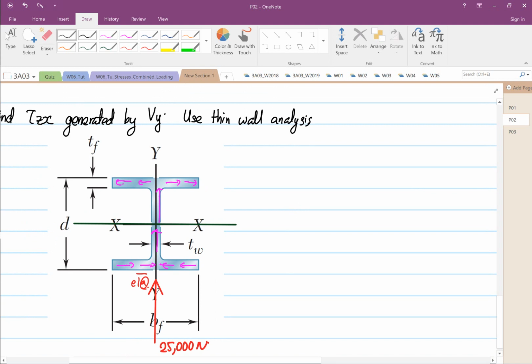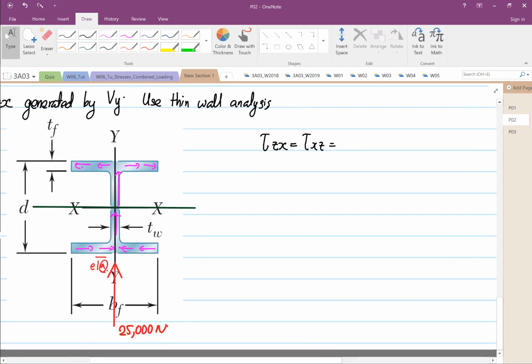So still the same thing, we still find the shear, right? Shear ZX and XZ. So this will be equal to, this is known as our Vy in the Y direction. Okay, so that's our Vy. Again, this will be Vy times Qx over Ixx, and then you have the thickness.